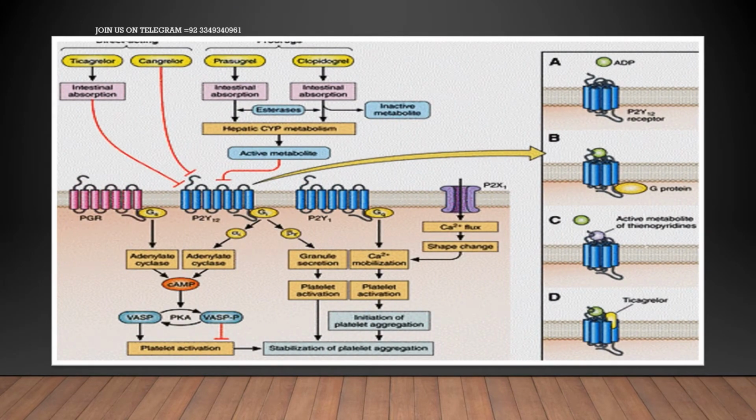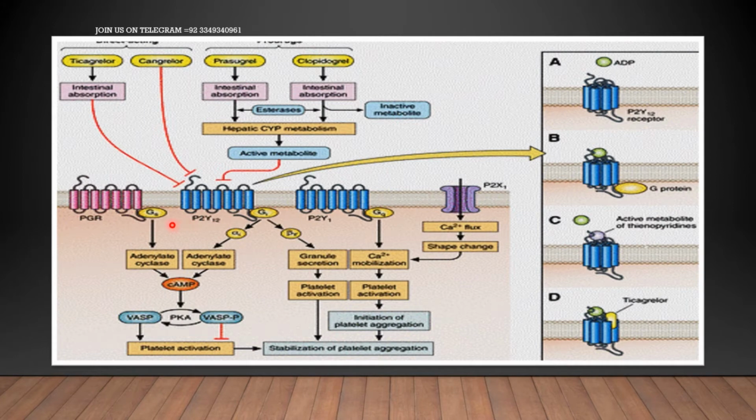So here is an illustration of the mechanism of action of the different P2Y12 receptor antagonists. Prasugrel and clopidogrel are prodrugs, while ticagrelor and cangrelor have a direct action on the P2Y12 receptors.